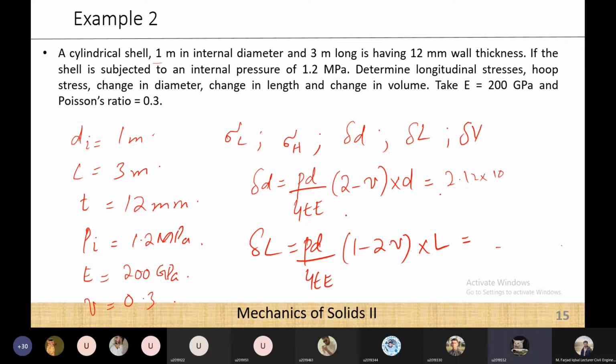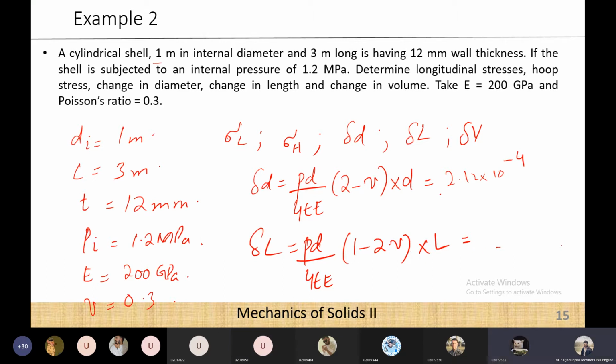The correct one is 2.125 into 10 raised to the power minus 4 for diameter. Minus 4, yes sir. Now calculate the change in length.